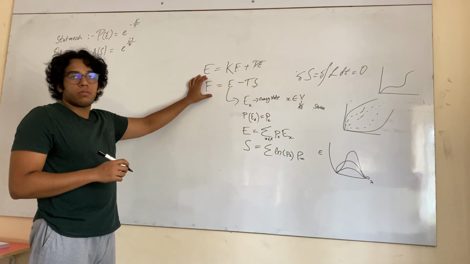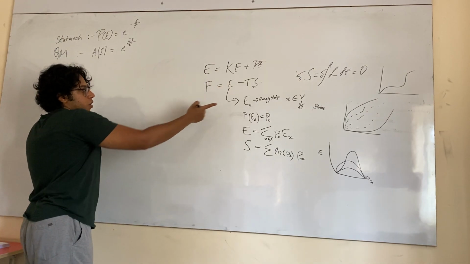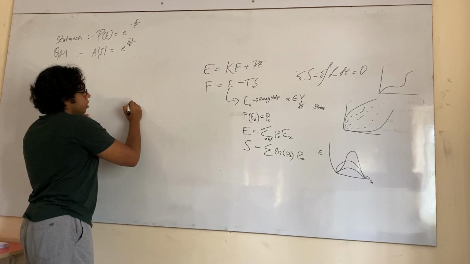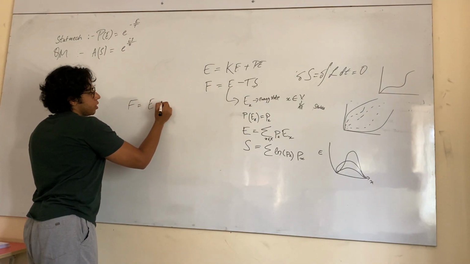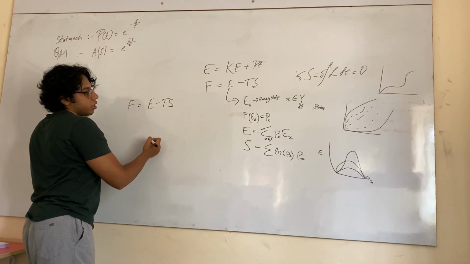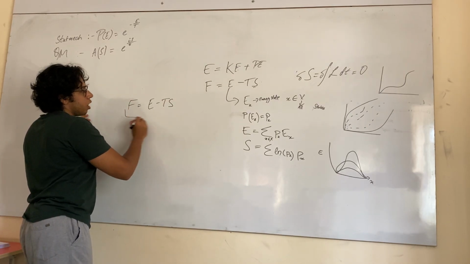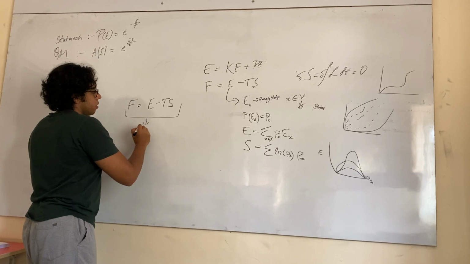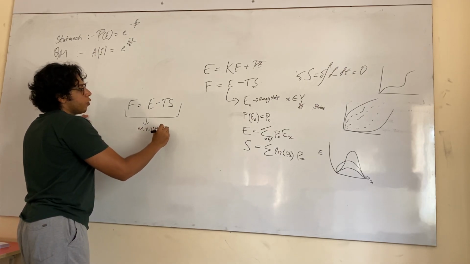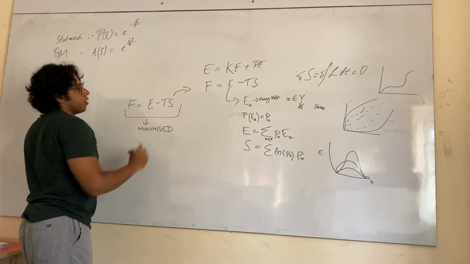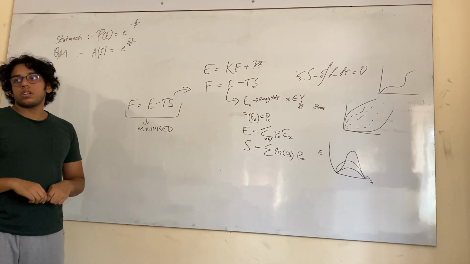So you have your free energy, okay? Your free energy is equal to E minus dS, and this has to be minimized to find the maximum value of x.